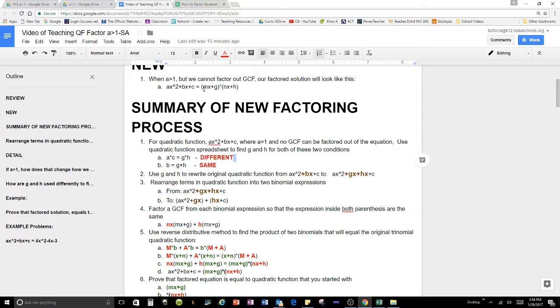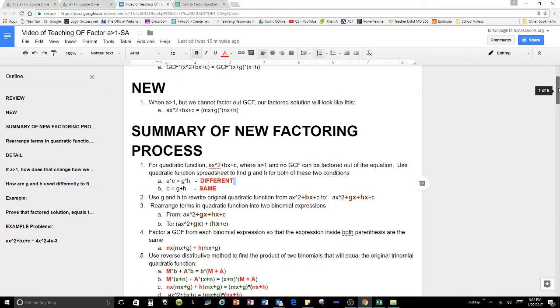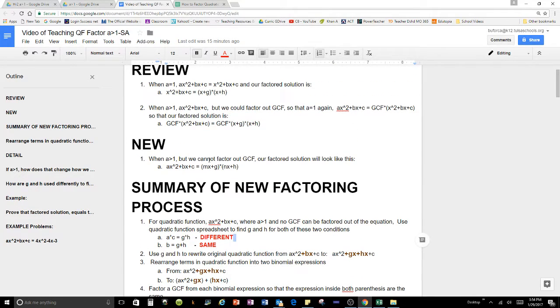and it's the product, or the multiplication, of these 2 that will equal this. What you'll see that's different about our solution here is that now we're going to have numbers in front of x. Before, in these 2 other methods, we never had a number in front of x. We only had to worry about g and h. But in our new solution, when we can't factor out, when a is going to stay greater than 1, we'll still have 2 binomial expressions such that when they're multiplied together, they equal ax squared plus bx plus c.